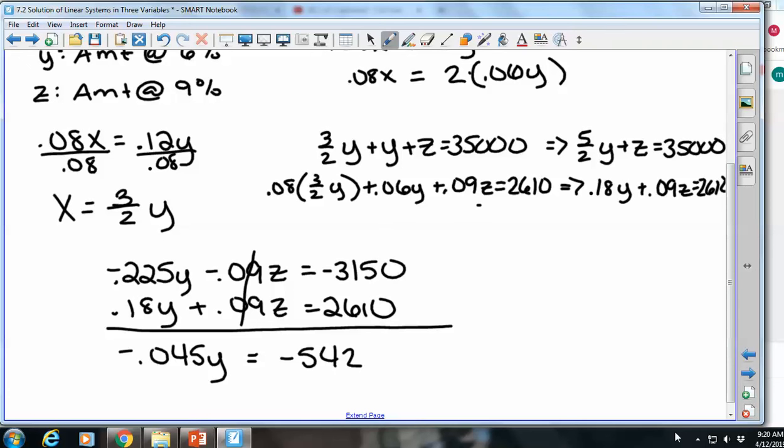Wait, why is it negative 542? I got a negative 540. Oh, no, it's 540, I don't know why I wrote 542. So then to finish it, we just have to divide. And that gives us 12,000 for the y.